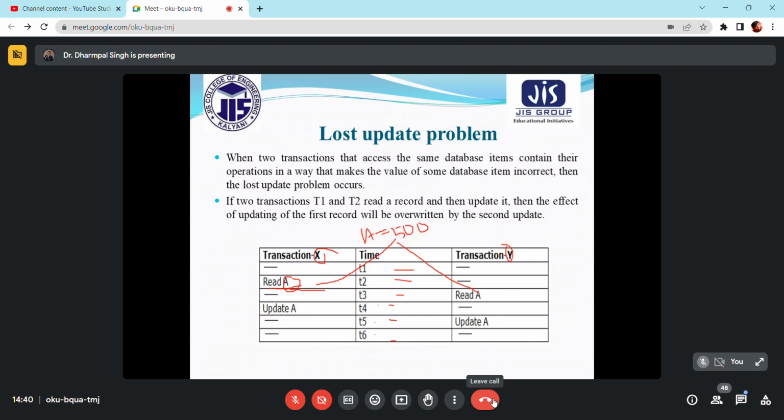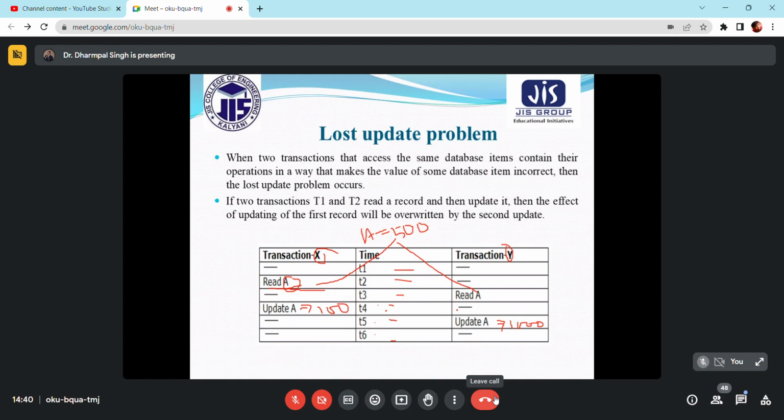After that, suppose here A is increased by 100, and at time T5 it is also increased by 1000. So what will be the actual value? The actual value will be 1600.